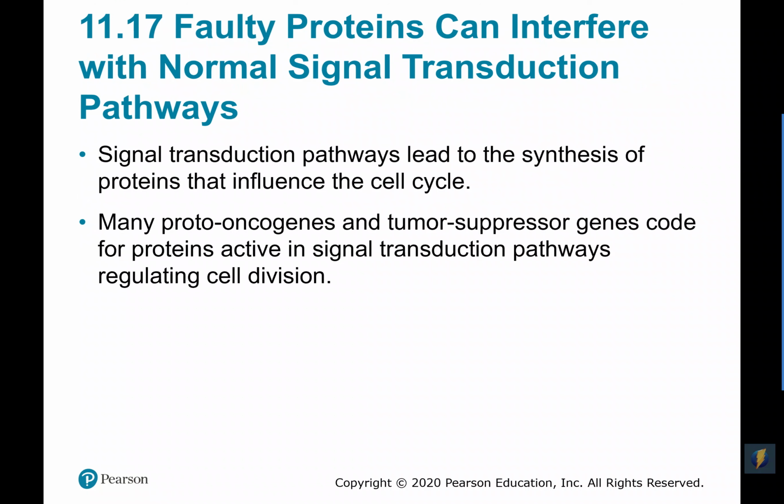Very often, in our developmental processes, we use those signal transduction pathways. Again, think relay race. A lot of these proto-oncogenes and tumor suppressor genes code for proteins that are active in these pathways, regulating cell division.